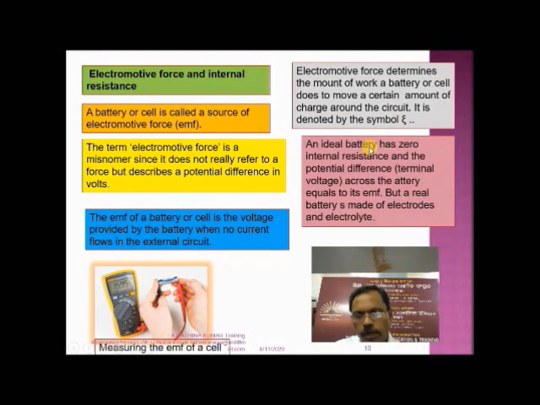An ideal battery has zero internal resistance, and the potential difference or terminal voltage across the battery is equal to its EMF. But a real battery is made of electrodes and electrolyte.